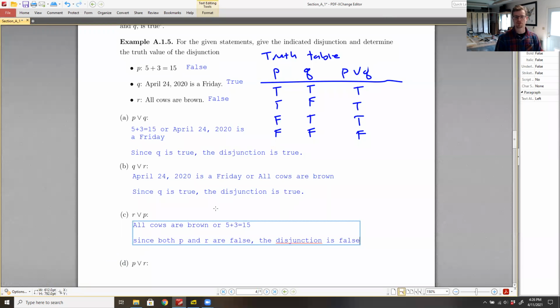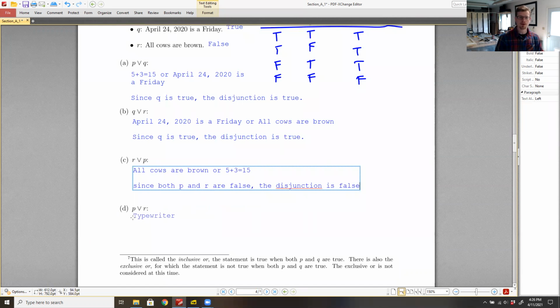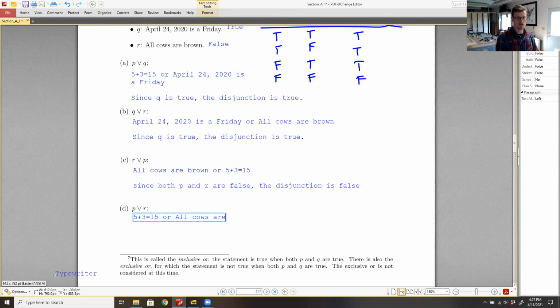Excellent. Nothing too crazy. But what we want to notice here is that when we change the order of disjunction, it doesn't change what's going on. So 5 plus 3 is equal to 15, or all cows are brown. Of course, for the same reason, since both P and R are false, the disjunction is false.